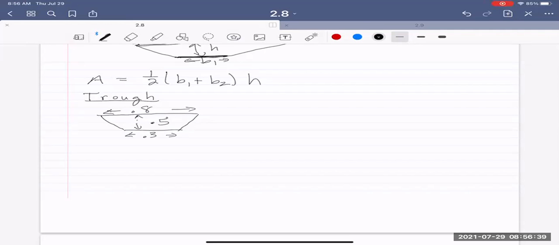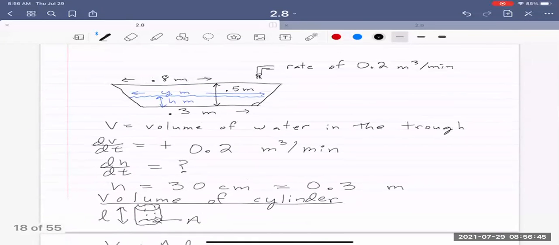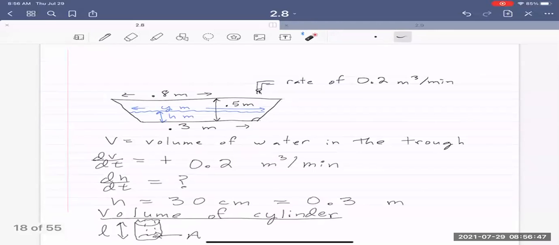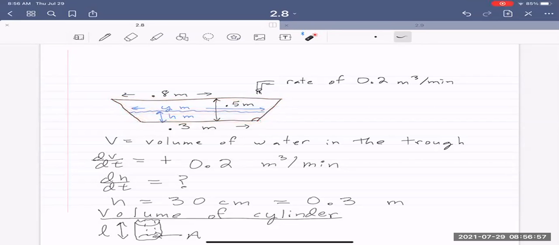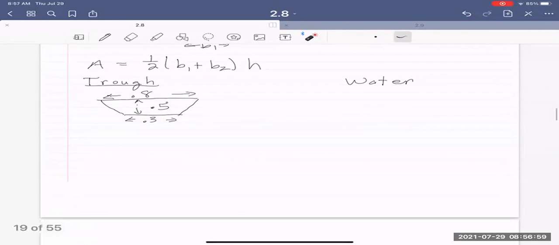Now let me look at the water. Well, if you look here at the water, it also looks like an isosceles trapezoid. As a matter of fact, it looks like a similar isosceles trapezoid. And so let's draw this if I can.